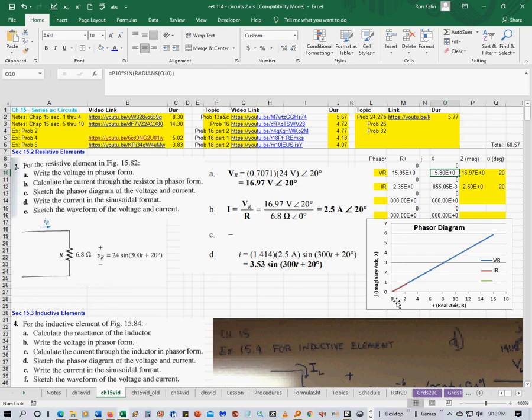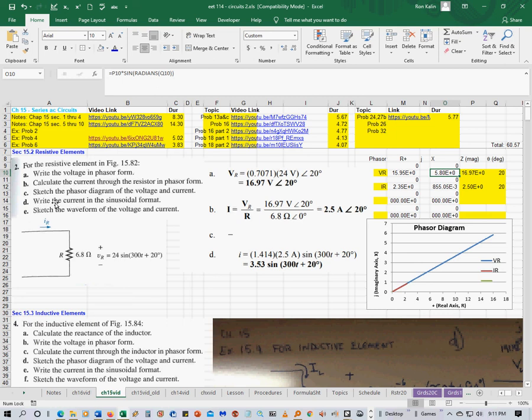Same thing with I sub R. I sub R is just this red part right here, and it's 2.35 J, or 2.35 plus J of 0.855, which is also equal to 2.5 angle of 20.